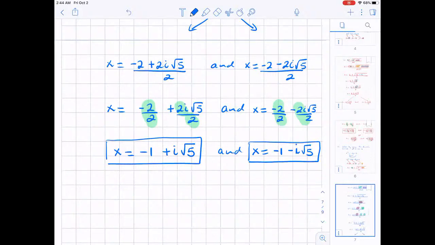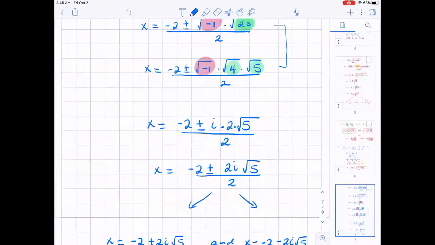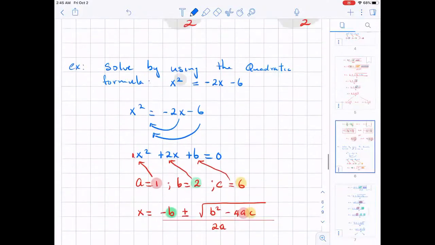So as you can see, the quadratic formula is just cases where the steps are pretty straightforward. It's a lot of algebra. So we've seen a case where we have imaginary solutions. We've also seen a case where we have two real solutions.